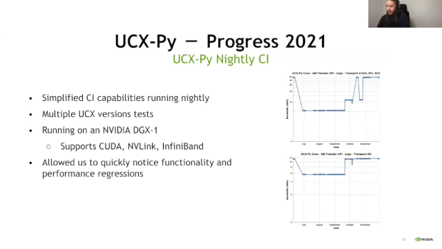As an example, the plots shown on the right represent bandwidth of RC and CUDA IPC transports during the UCX 1.12 development cycle, even though the exact dates where some regressions may have happened weren't captured, as you can see by some missing data points. The dips in the plots gave us a good idea of commit dates to bisect UCX and identify the change that caused it, to report them back to the community, and they were later addressed.